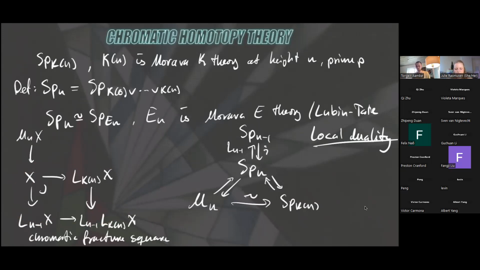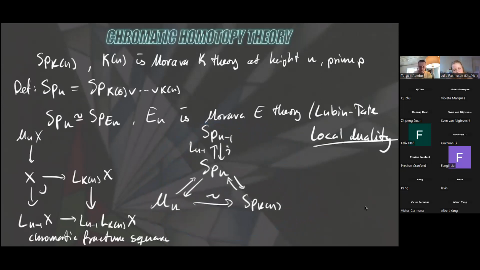So what will be important for us later is that if we have some category that is related to this middle guy, SP_n, or E_n-local spectra, then if we are able to produce some sort of local duality diagram like this, we also have some way to get information about K_n-local things.